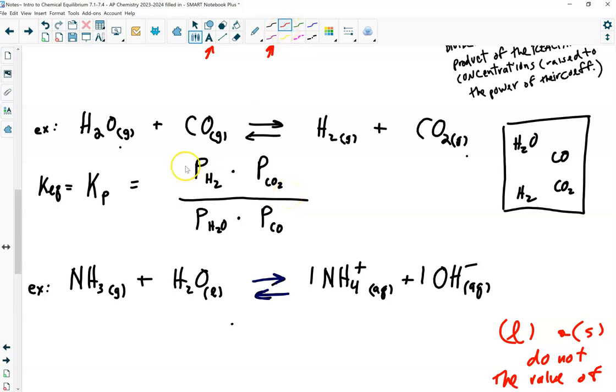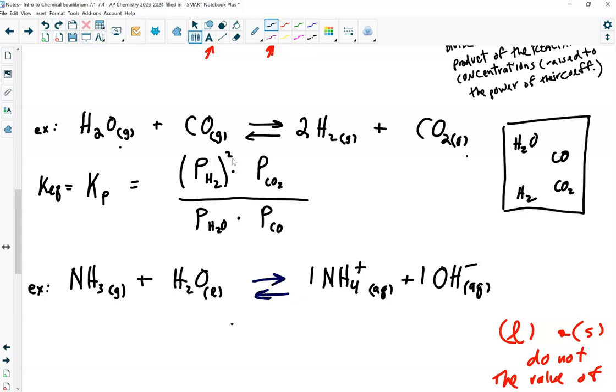A couple of things. It's important not to write brackets around the pressure. Brackets mean concentration, and the AP reviewer in May will ding you for it, I've been told. If you needed to raise it to a power, let's say there was a 2 in front of the hydrogen, you put parentheses around it and square it.